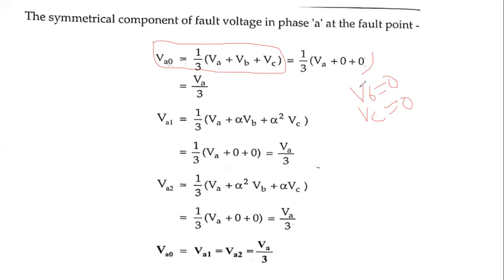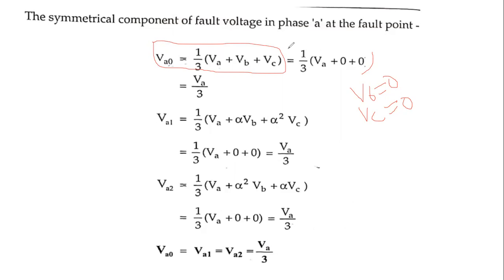Why? Because the B and the C phases are short circuited with the fault current that will be grounded. Therefore, the voltage across the B phase is equal to 0, and the voltage across the C phase is also equal to 0.